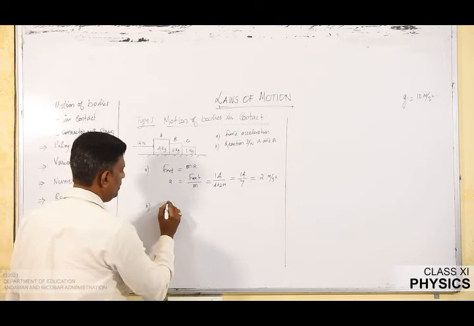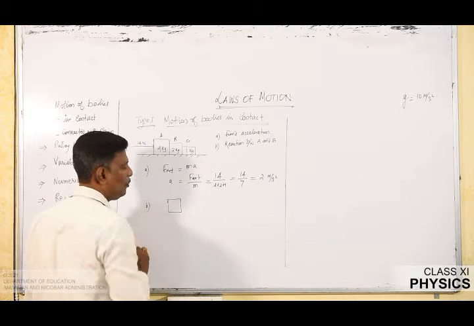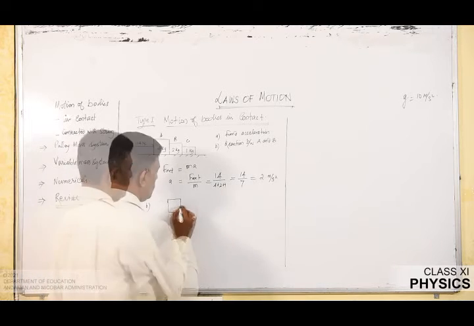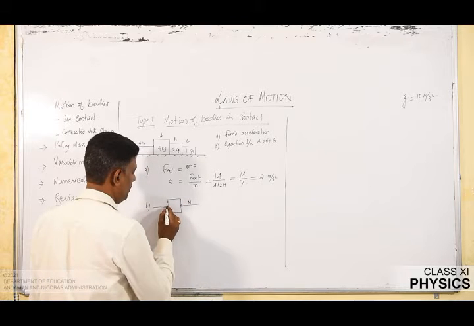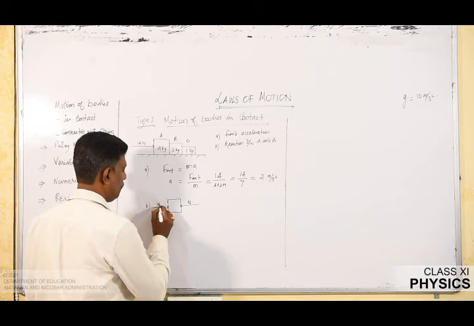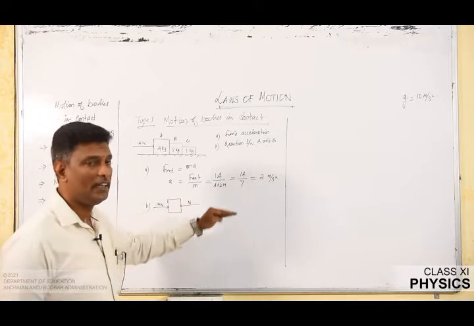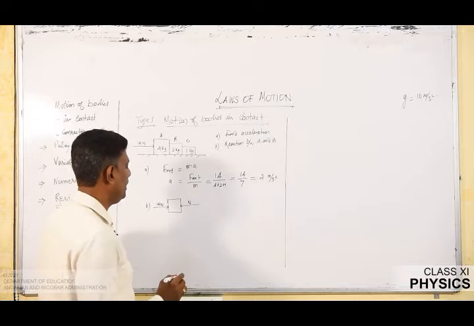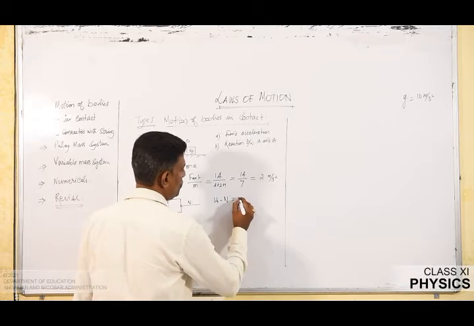Say we are drawing a free body diagram, normal reaction in this direction and the applied force is in this direction, 14 Newton. Since the body is moving in this direction, we can write 14 minus N is equal to MA.